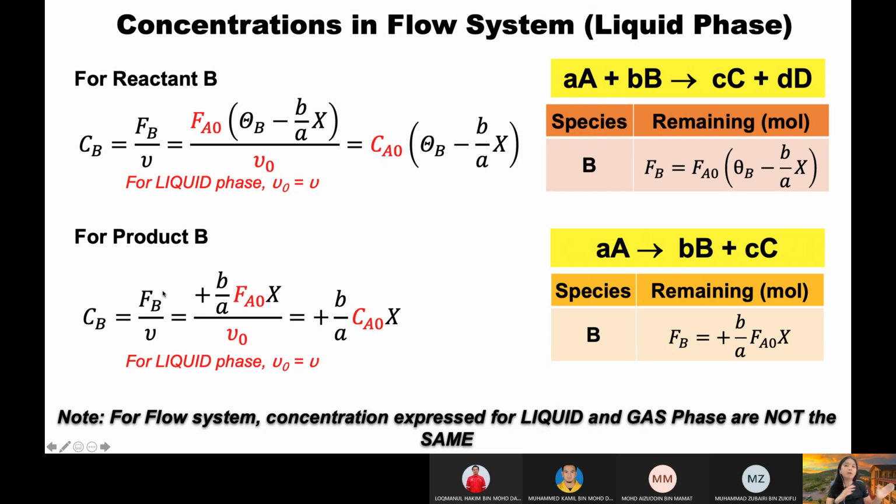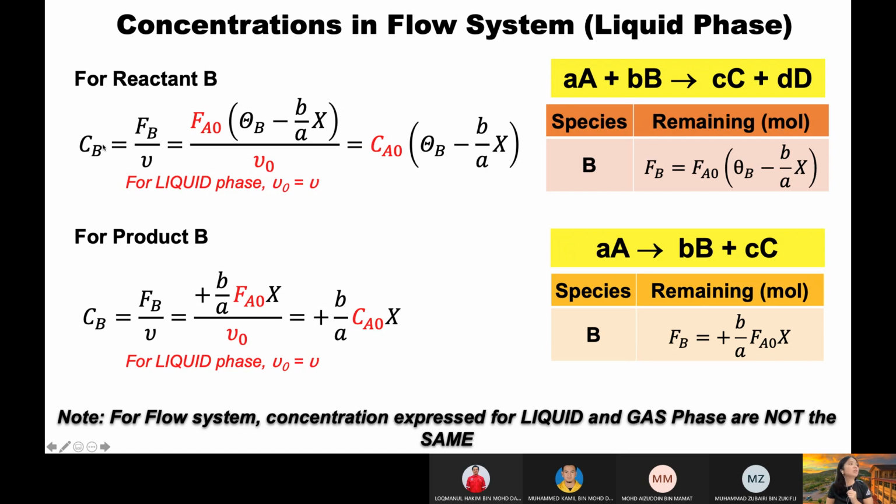Sebab tadi pun kita buat table, I explain to you, we got two different table kan. Table pertama bila B is a reactant, table kedua bila B adalah product. So sebab FB tu dah berlainan. Okay, so what's the difference? Okay. First, let's say we do kalau B is a reactant.